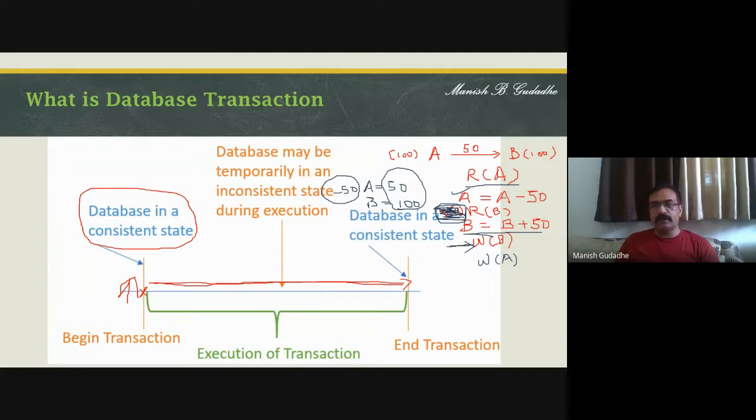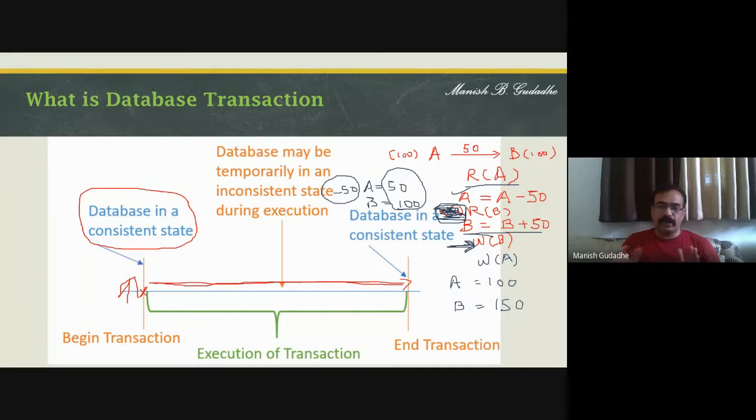At this moment, let us say that this step is done. So at this moment, A is equal to 100. We have not made any changes to A. B is equal to 150 because we have made changes to B. So again, the consistency is not maintained if there is a failure at this moment.